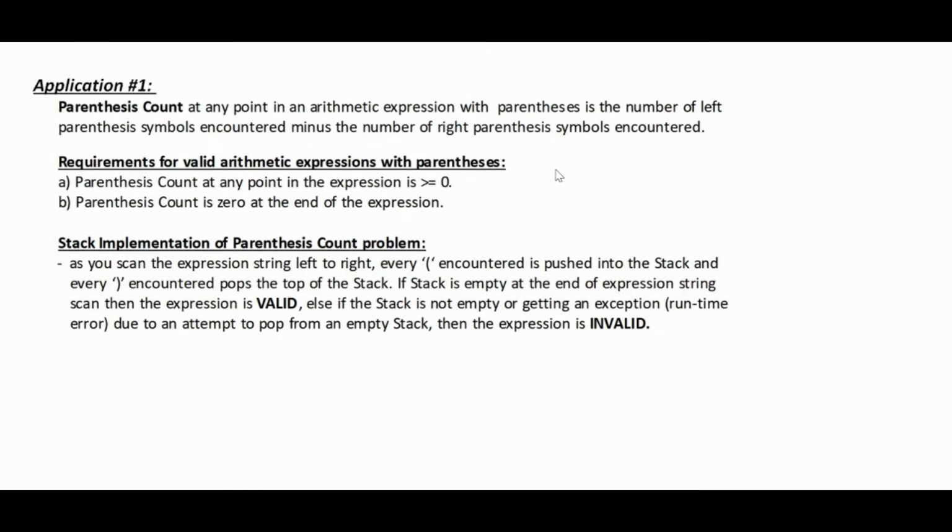First, that at any point in the expression, the parentheses count is greater or equal to 0, meaning it should never be negative, it should be positive or 0. The second requirement is that the parenthesis count is 0 at the end of the expression.